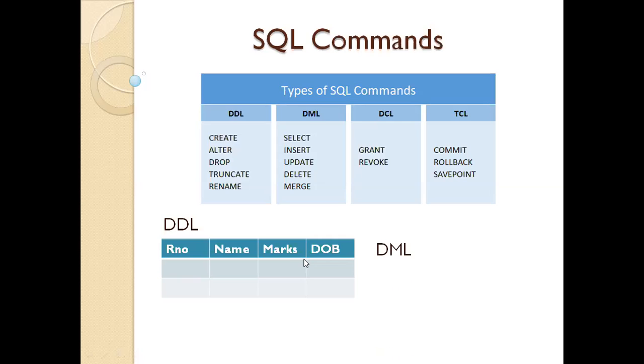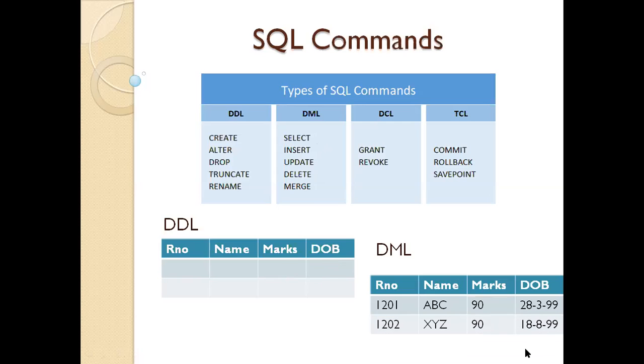Now the next one is DML commands, that is data manipulation language. Now this is an empty table, isn't it, with some columns. Now you want to enter some values into the table like this. In order to enter some values into the table, you use the insert command. The next one is update. If you want to update any row, then you use the update command.